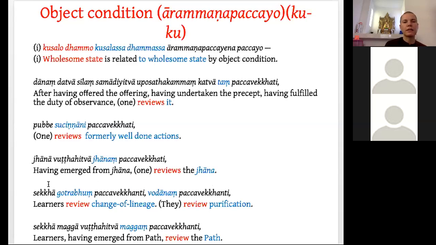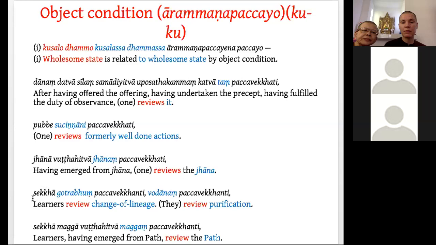Okay, so the next three here refer to the processes of attainment of jhana and attainment of the Maggaphala, the path and fruition knowledge. I will explain the terms. What does sekha mean here?